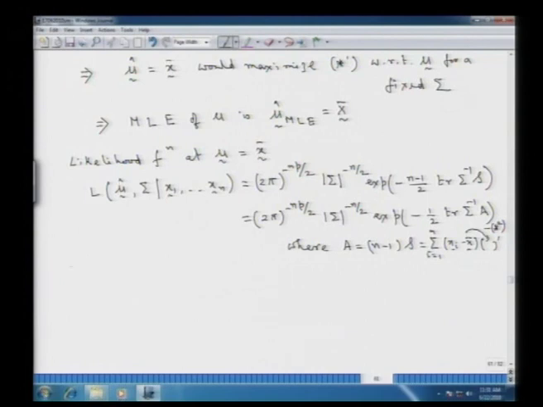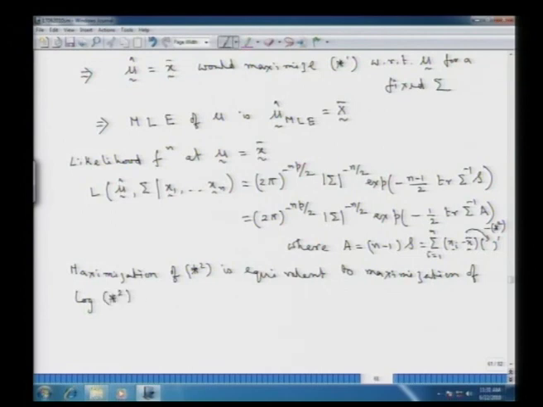Now, maximization of star 2 is equivalent to maximization of the natural logarithm of star 2, that is of minus np by 2 log of 2 pi, then we take sigma inverse.